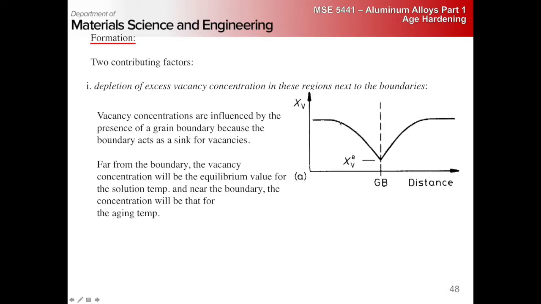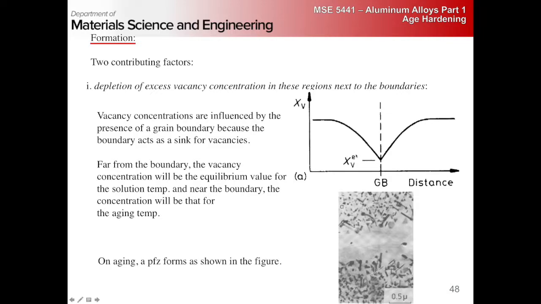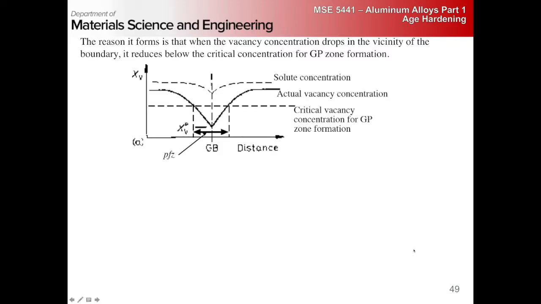So if we look at the excess vacancy concentration, we see a distinct profile as we approach the grain boundary, right? And this can be below the critical value. And so on aging, we get precipitates that form out here, but none that form near the interface.